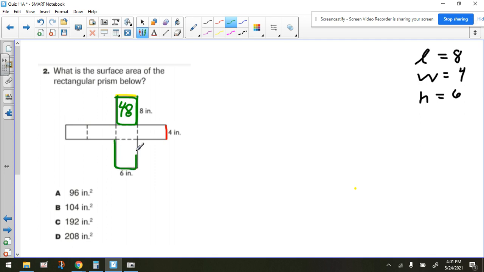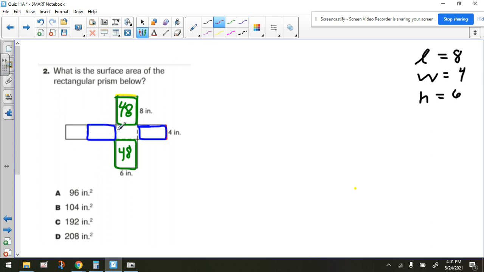Because remember, in a rectangular prism, your top and your bottom match, your left side and your right side match, and your front and your back match. All right, so let's look at this piece next. And let's ask ourselves if we can make any inferences about it, because that's going to be the same thing as this.